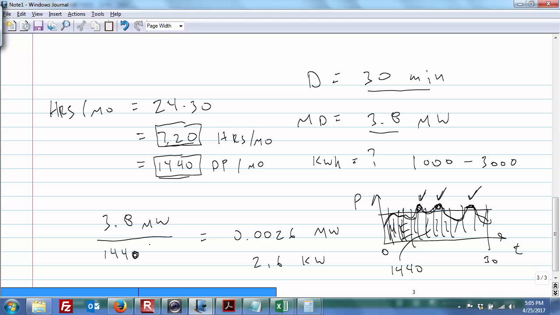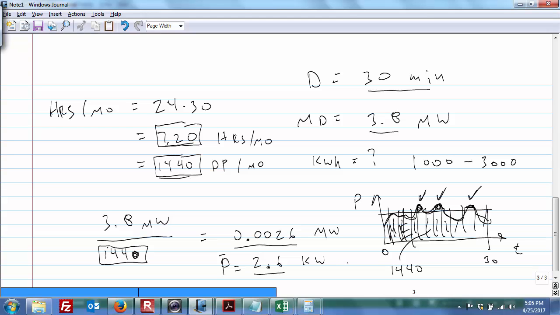So there were 1,440 demand periods. So when we divide 3.8 megawatts by 1,440, that's 0.0026, so 2.6 thousandths of a megawatt, which is 2.6 kilowatts. So I figured that the average power, this is basically P bar, average power is 2.6 kilowatts, which sounds about right.